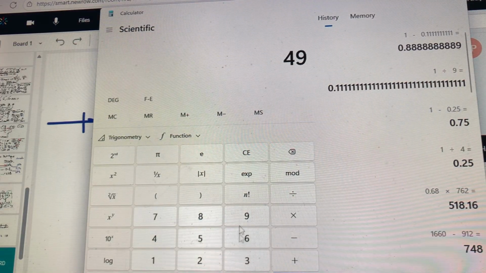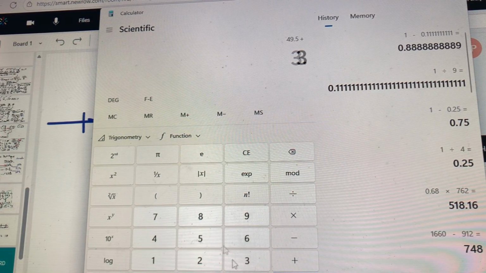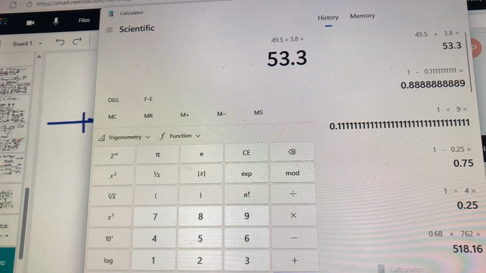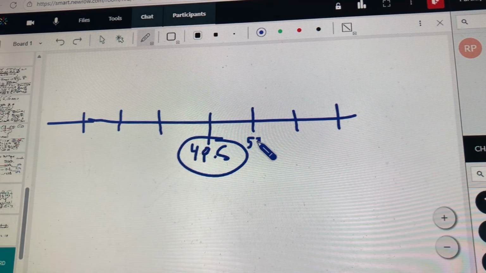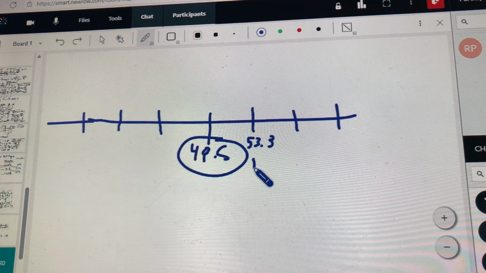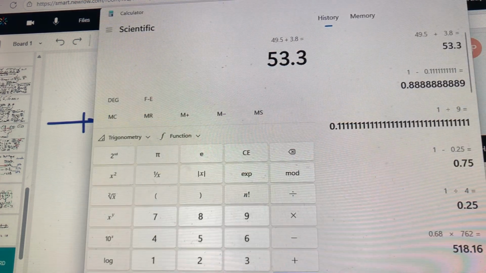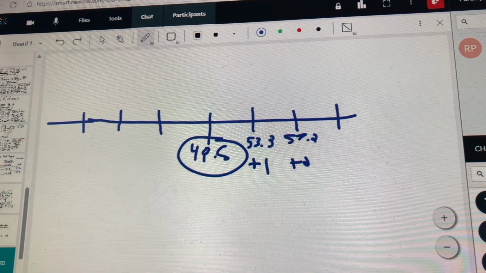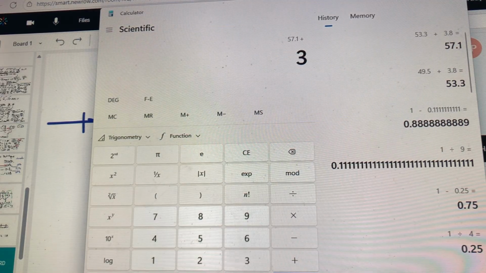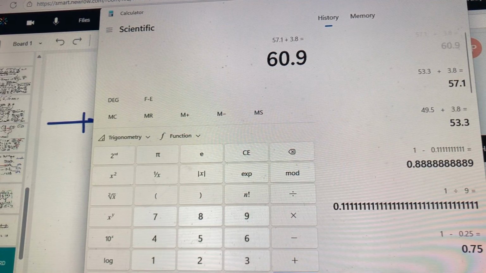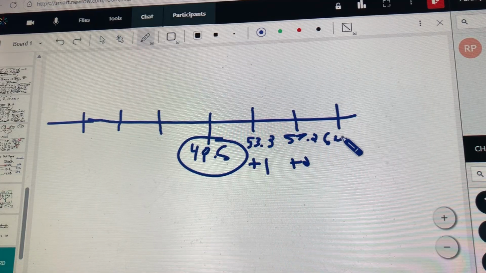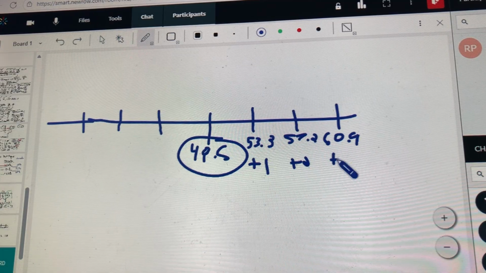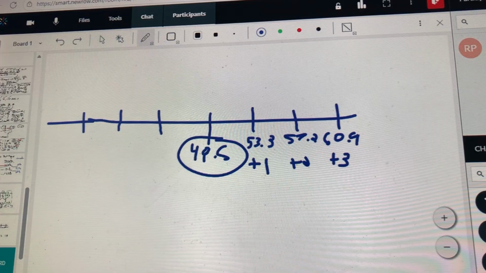So 49.5 plus 3.8 is 53.3. That's going to be the positive 1 spot. Add 3.8 again. 57.1 is the positive 2 spot. And add 3.8 again. 60.9. Now go back to the 49.5.